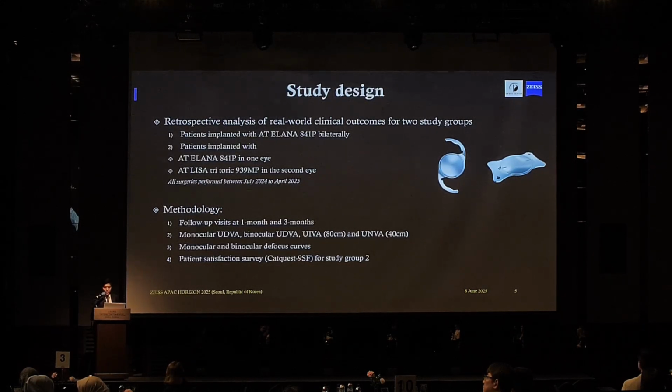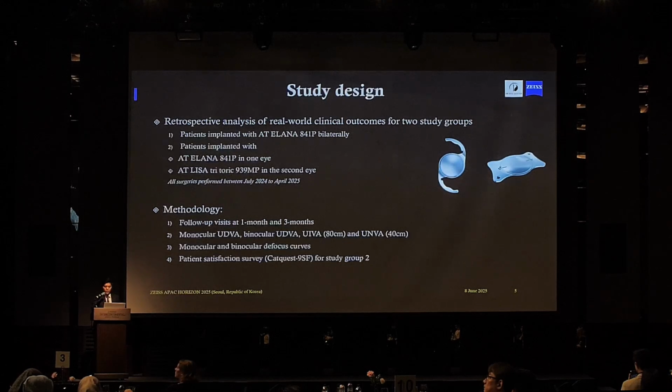To put things into perspective, I have so far implanted about 15,000 multifocal IOLs from diverse manufacturers in my private practice, of which more than 8,000 have been from the Lisa family. Today, I'm going to present a retrospective analysis of two study groups. Group 1 comprises 34 patients implanted bilaterally with Atlanta, while Group 2 consists of 7 patients implanted with Atlanta in one eye and Lisatory toric in the fellow eye.